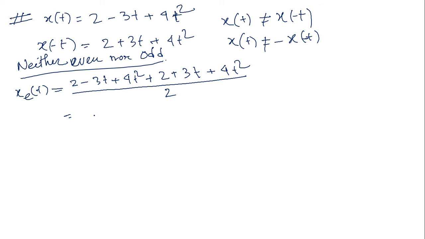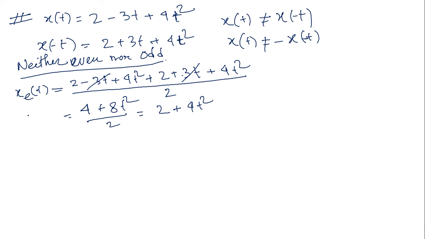So 2 plus 2 is 4. The 4t square stays 4t square in x of minus t, because the square of any positive or negative value gives a positive value. So 2 plus 2 is 4, and minus 3t plus 3t are balanced. So next, 8t square by 2, that is 2 plus 4t square.